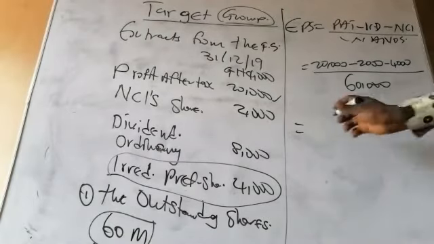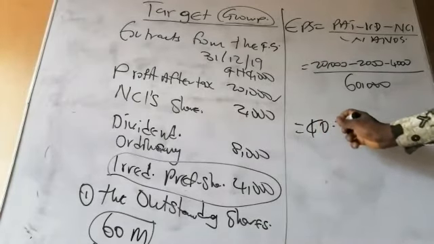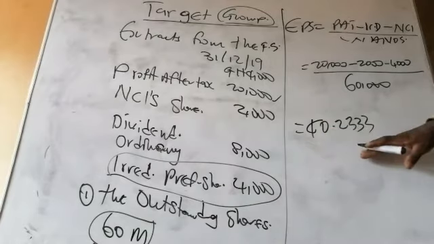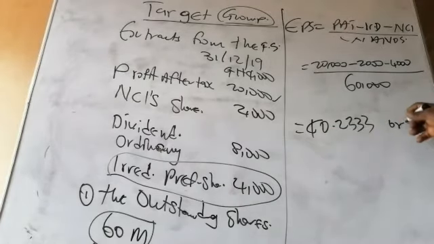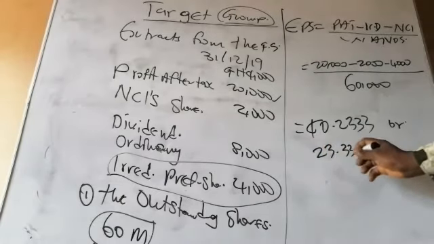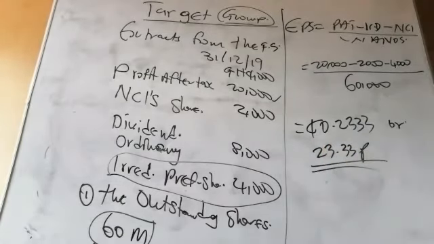So either you leave the answer like this, 0.2333, which is in cents, or you present 23.33, 2 decimal places, either in cents per share or in pence. So that is it. We are done with the earnings per share. Basically, that is how we are going to calculate the earnings per share.